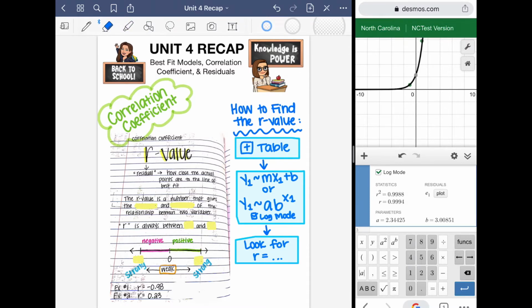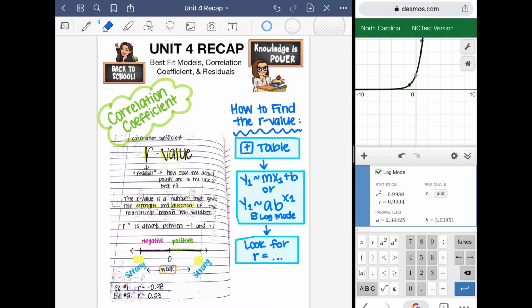Okay, so first of all, the R value is a number that gives the strength and direction of the relationship between two variables. So it tells you if it's strong or weak, and the direction, meaning whether it's positive or negative. That R value is always between -1 and +1.